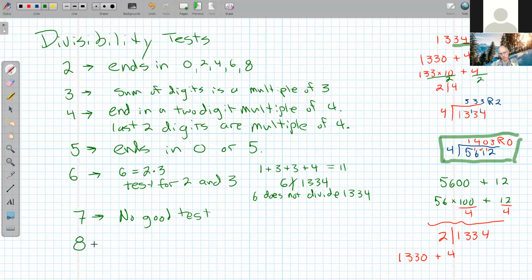8. Has anyone ever heard of a divisibility test for 8? I'll give you a hint. 8 is similar to 2 and 4.